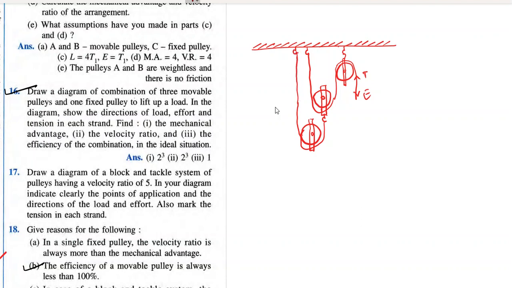It will be attached over here. Here there will be one more hook with which there will be one more rope attached, and this rope will pass through another movable pulley.